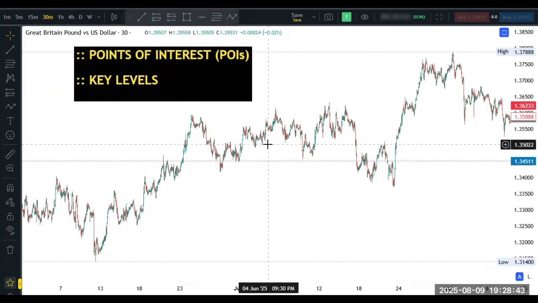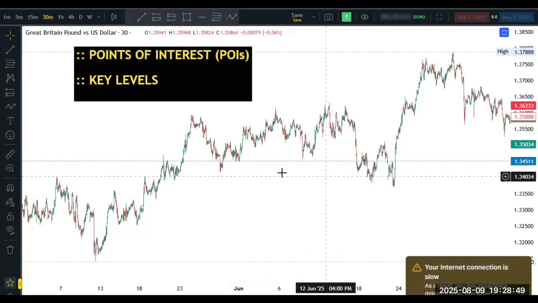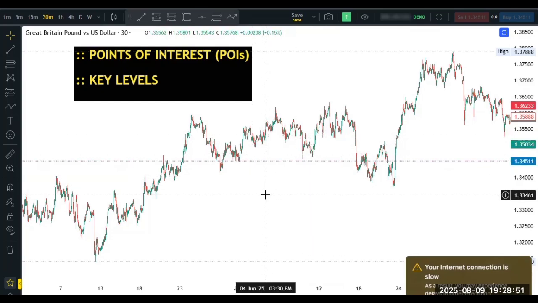If you are a pro trader, you can spot them even on a lower time frame, but you have to shrink your chart the way I am doing, and even at that, you must know market structure very well. But if you go to a higher time frame, it is very easy to spot points of interest, even for a beginner in Forex trading.